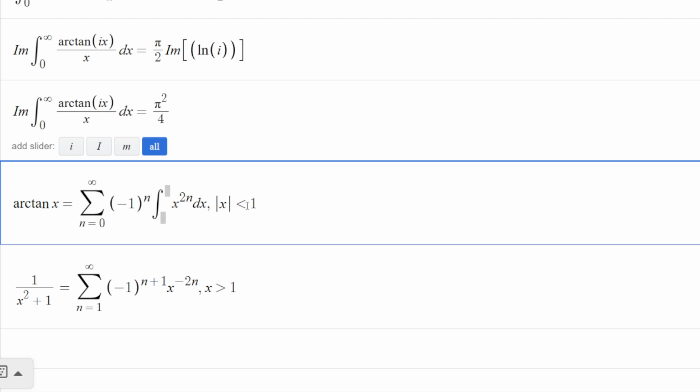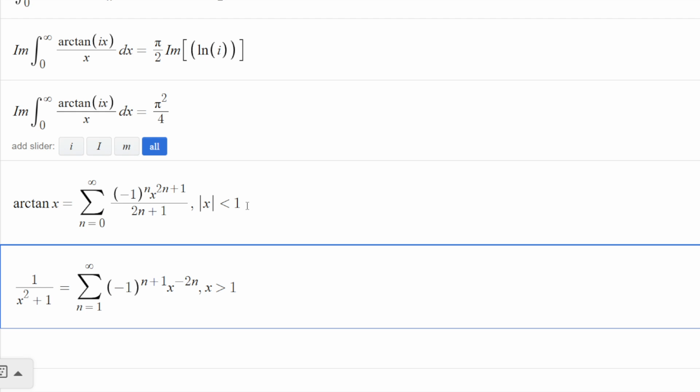Anti-differentiating this is just going to give us x to the 2n plus 1 over 2n plus 1 plus c. And then we know that c is 0.